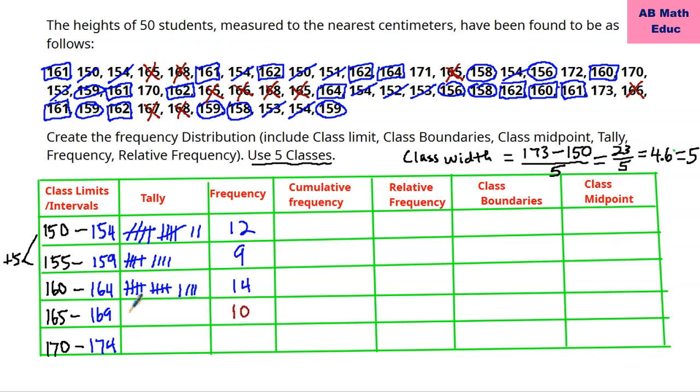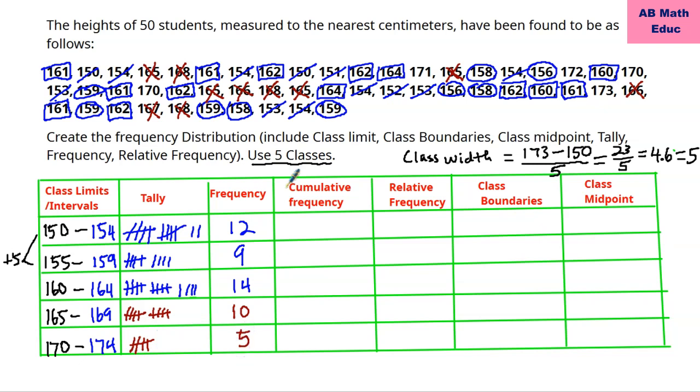You get 10. The last one, you just count whatever is left because that's the only class interval that's left. So you count how many are left: 1, 2, 3, 4, 5. So it's 5.